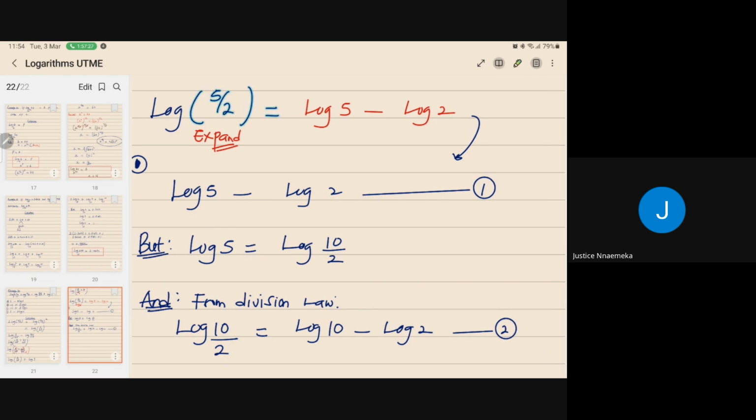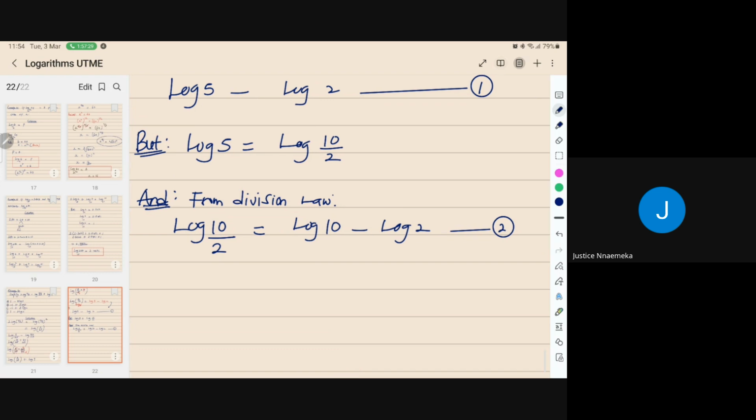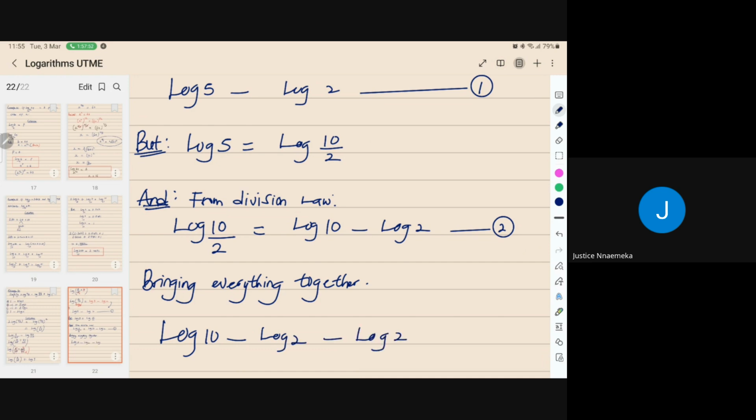So therefore, when we bring everything together now, we have log 10 minus log 2 minus log 2.